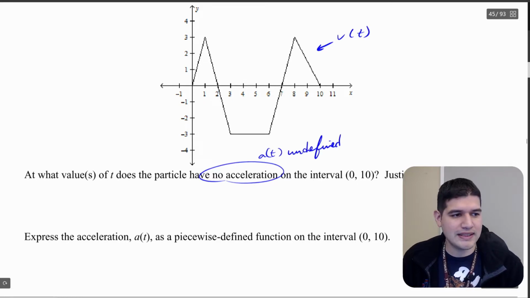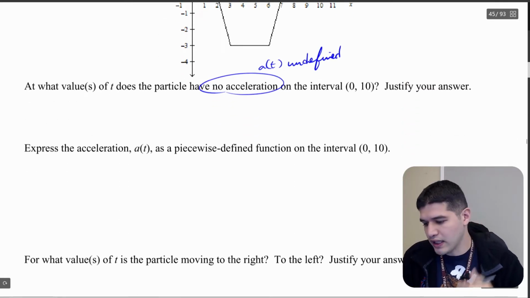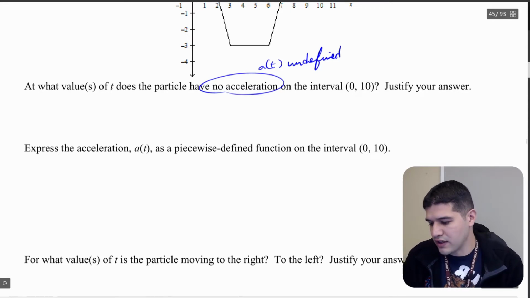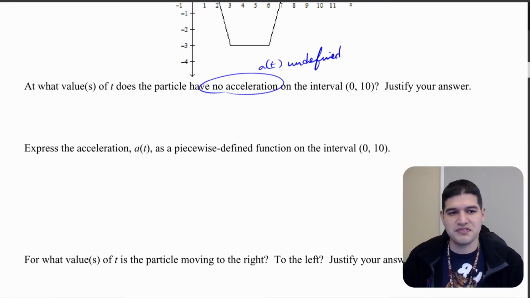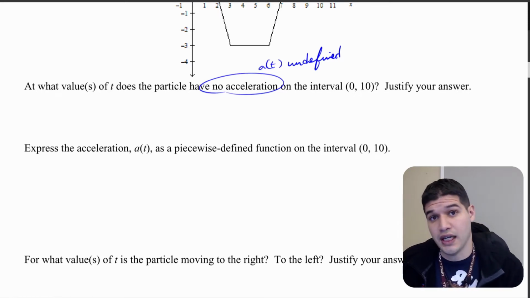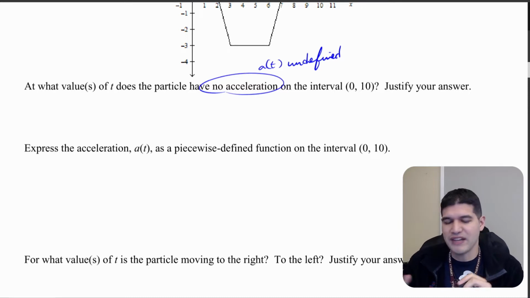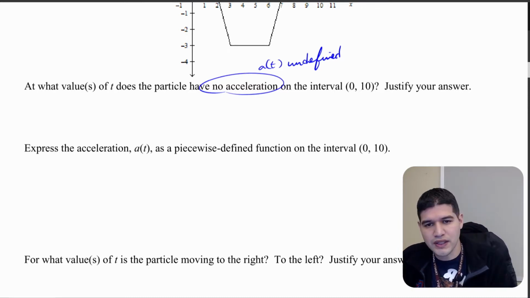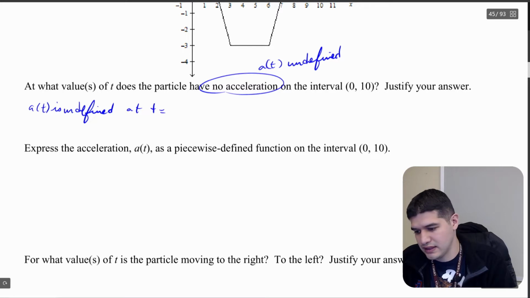Looking at our graph, there are several points where the graph is undefined, and you want to think back, okay, when we're looking at derivatives, where are derivatives undefined? Well, that's going to be where we have corners or cusps. So we're going to say here that a of t is undefined at t equals 1, 3, 6, and 8.